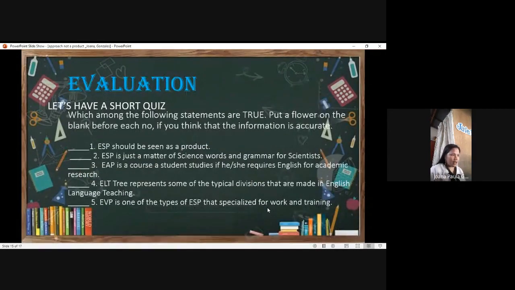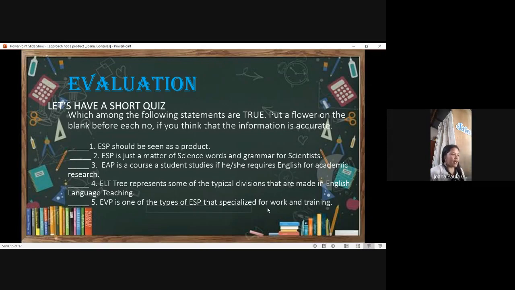Okay, let's have a quiz. Let's get one half sheet of paper for the short quiz. Which among the following statements are true? Put a flower on the blank before each number if you think that the information is accurate. Number one, ESP should be seen as a product. Number two, ESP is just a matter of science, words, and grammar for scientists.